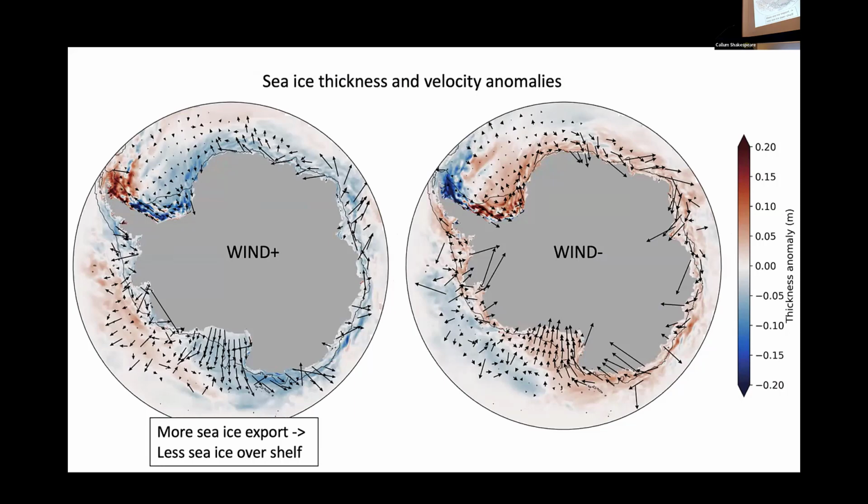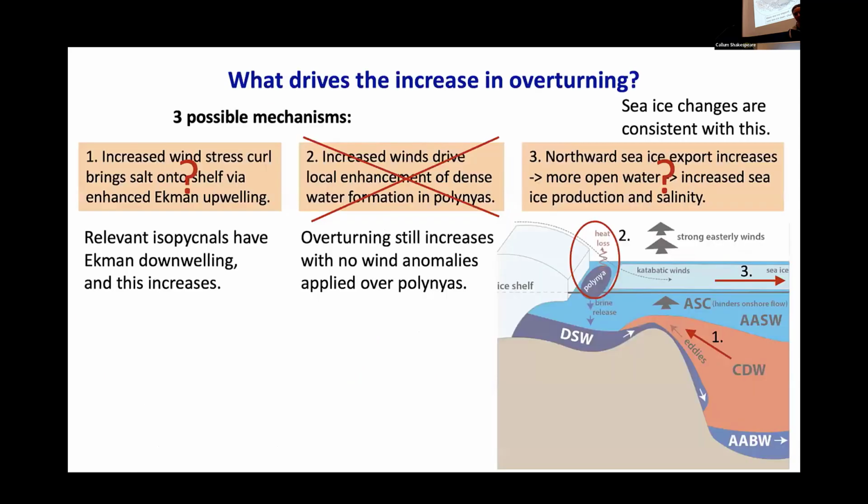As we increase the winds, because we're increasing the meridional component of the winds, we're driving more sea ice away from the coast northwards, which is why our sea ice over the continental shelf decreases. So this seems consistent with this hypothesis, except perhaps it's not that conclusive evidence.